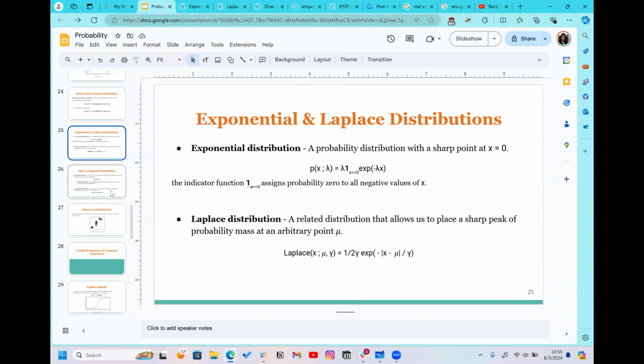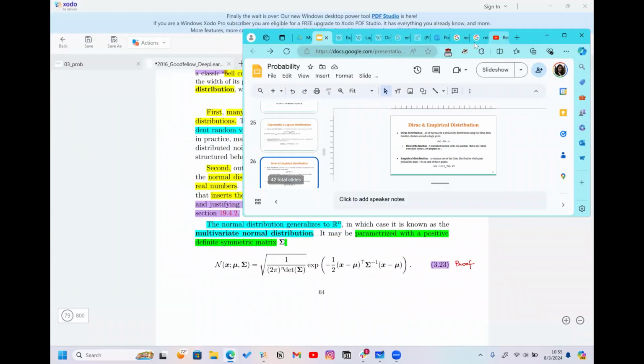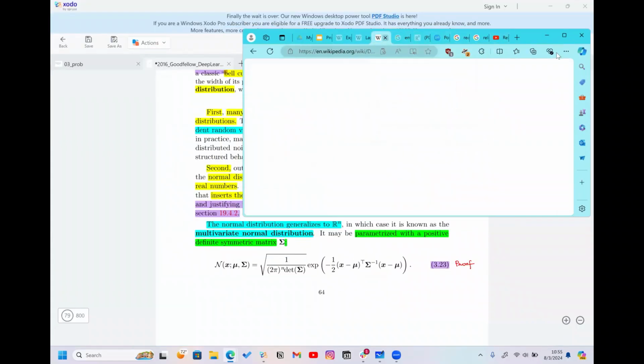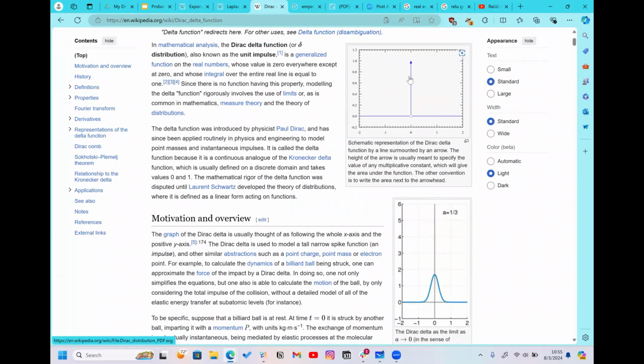Okay, so that's Laplace, and then there is the Dirac delta function and the empirical distribution. The Dirac delta function is this impulse function, where it has a signal at 0, but everywhere else there's no signal.